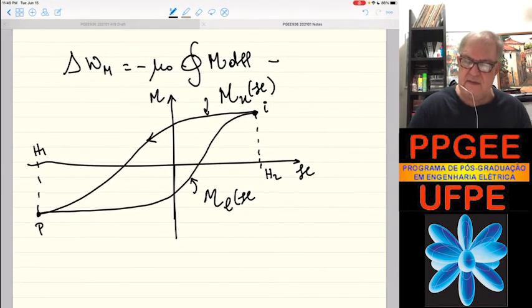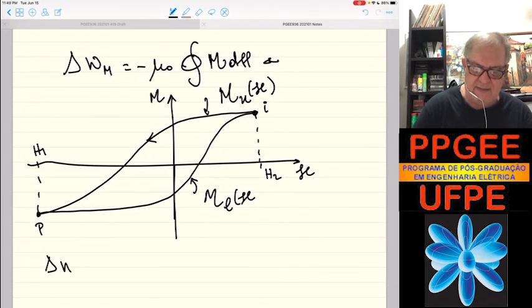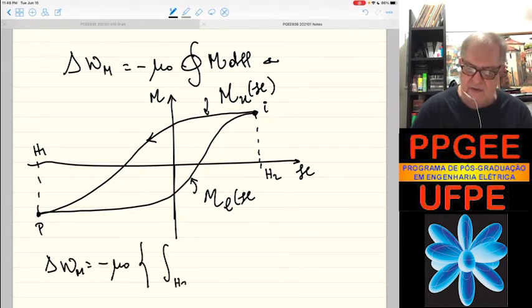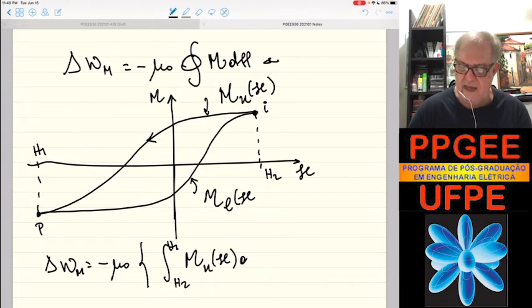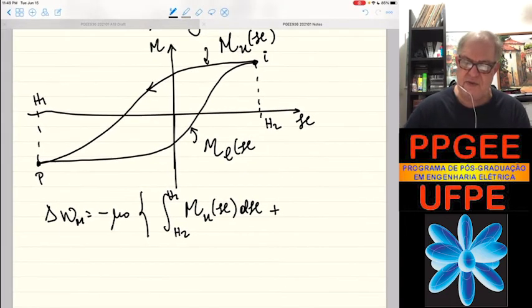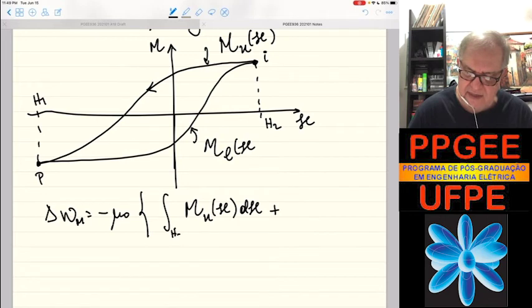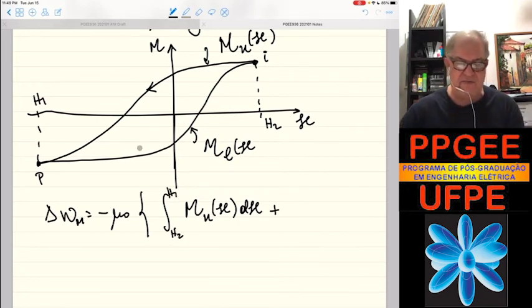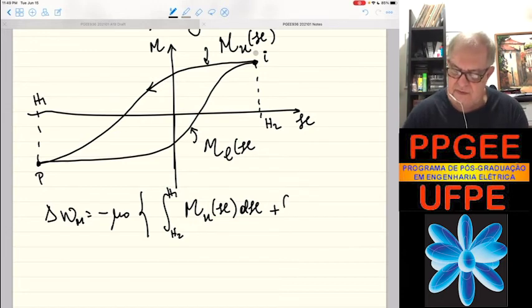So delta Wm equals minus mu 0 times the integral from h2 to h1 of m upper of h dh, plus the other integral from h1 to h2 of m lower of h dh.